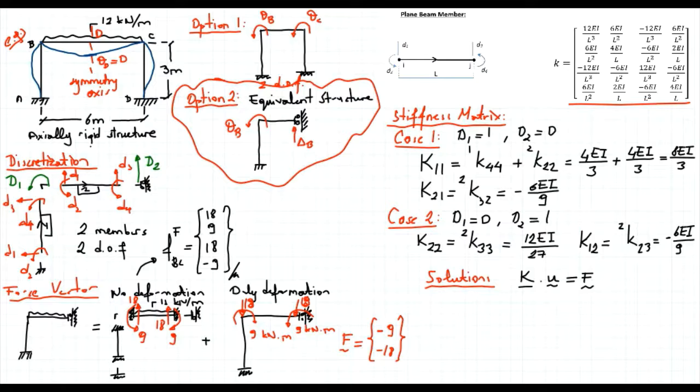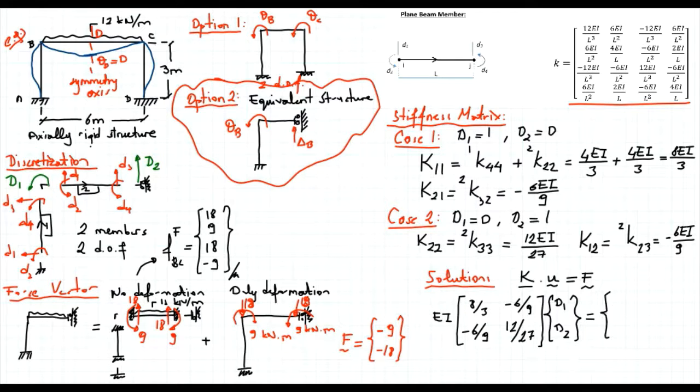The stiffness matrix, let's write it in EI parentheses: EI, I got 8 over 3, minus 6 over 9, minus 6 over 9, and K22 is 12 over 27, multiplied by D1 and D2, and this should give me the unbalanced forces minus 9 and minus 18.